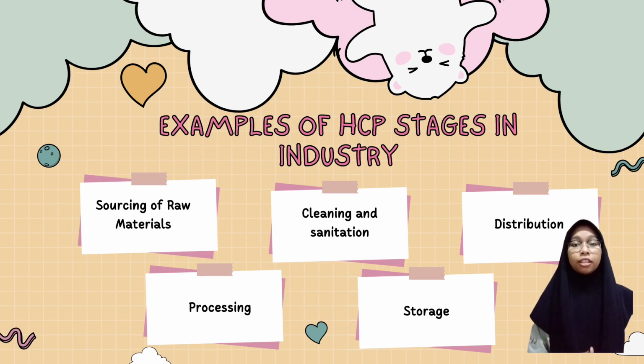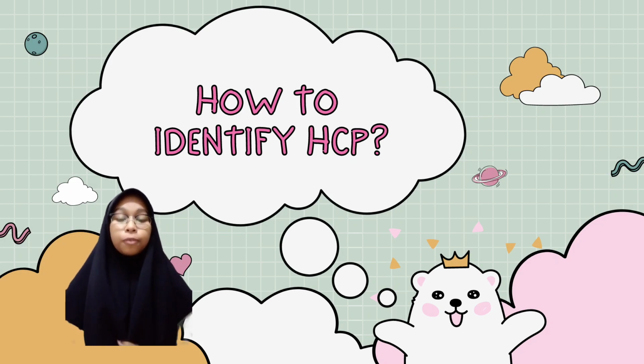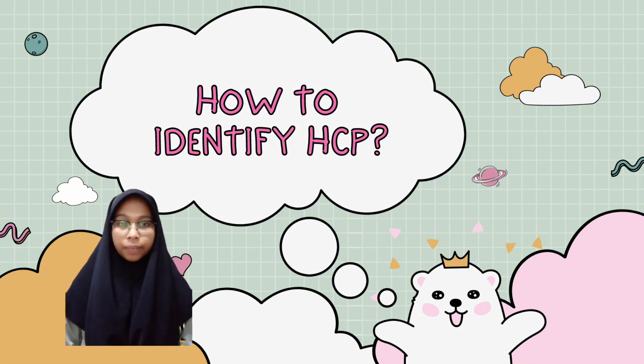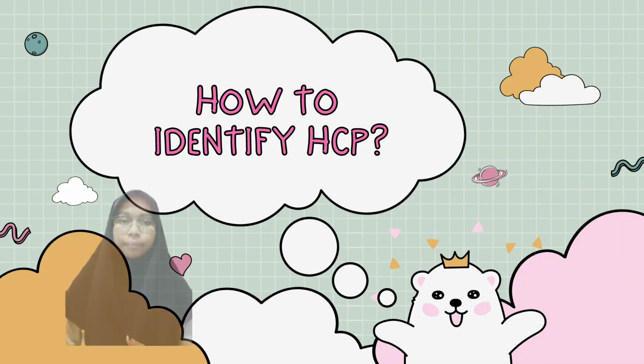There are a lot of halal control point stages in industry. For example, sourcing of raw materials, processing, cleaning and sanitation, storage, and the last one is distribution. Now, we go to the first content of the presentation, which is how to identify halal control point.